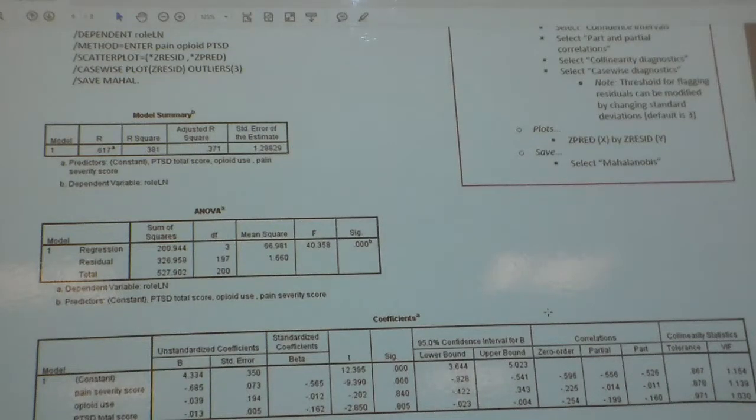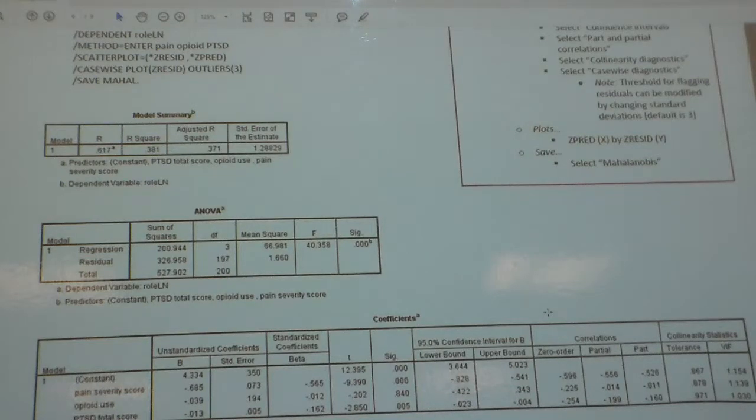So if you were interested in very literally wanting to know how far I am going to be off, within the units of the natural log of role functioning, we're expecting 1.3 units on your natural log of role functioning scale as the average difference between your predicted value and your outcome. Okay. So that's what that is. So it's not actually a standard error for these because that doesn't make sense.